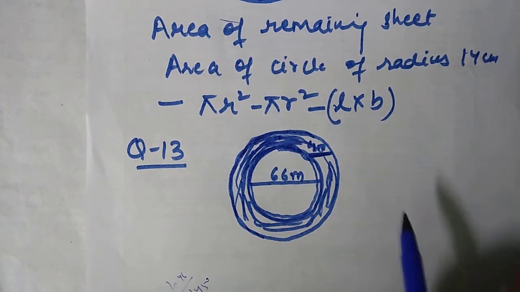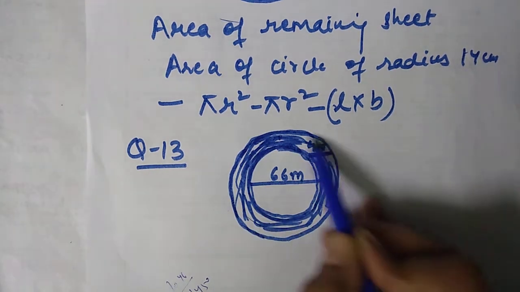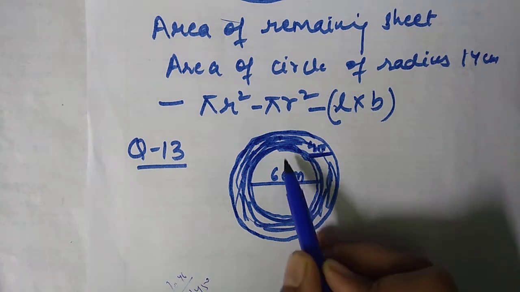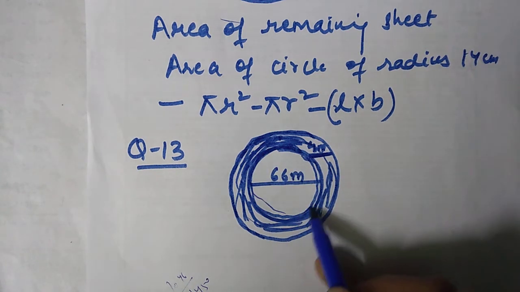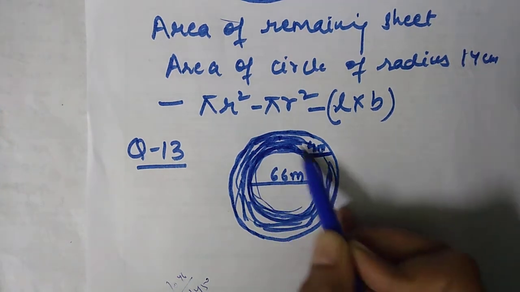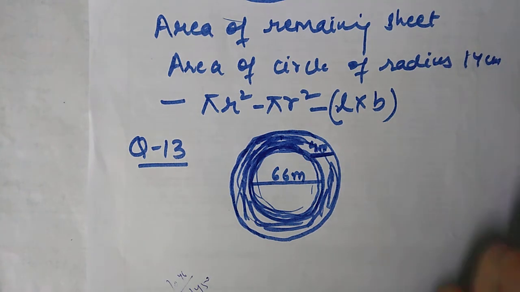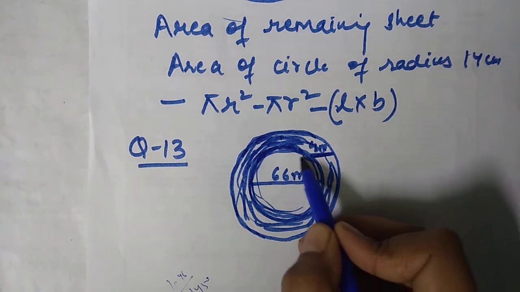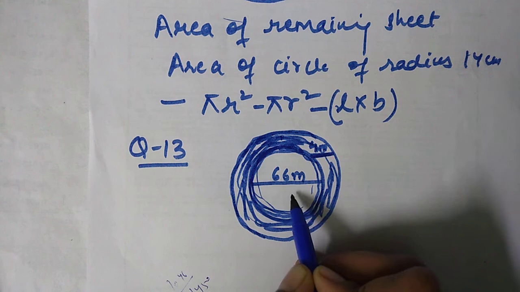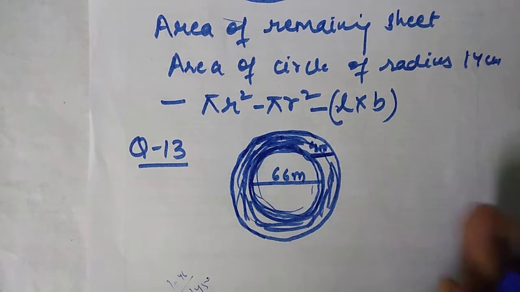Just imagine you have a circular sheet of paper and you have taken out a small circular sheet from the big circular sheet. How will you find the area of the remaining sheet? You just subtract the area of the smaller circular sheet from the area of the outer circular sheet.